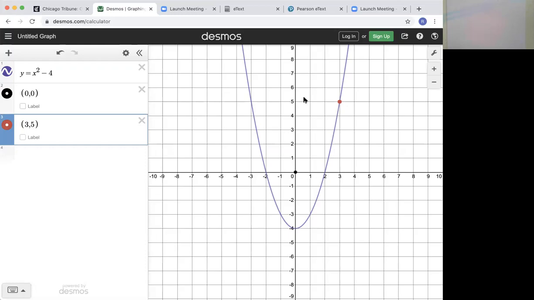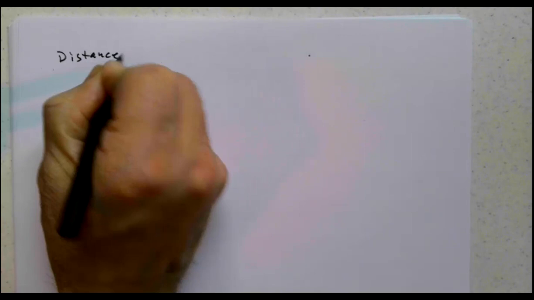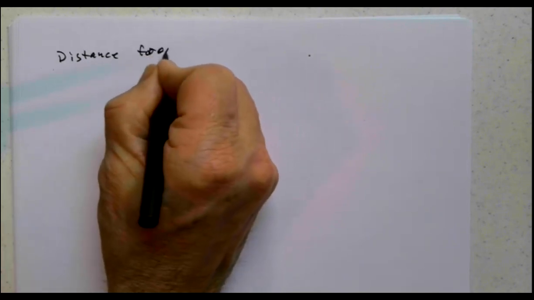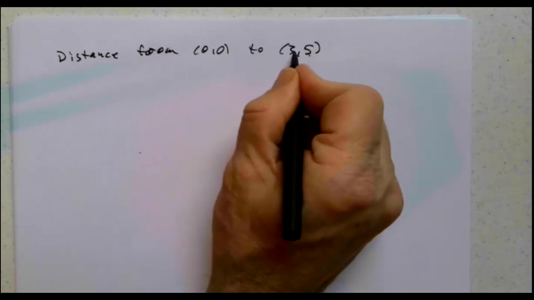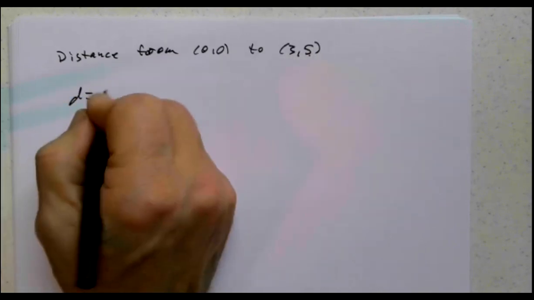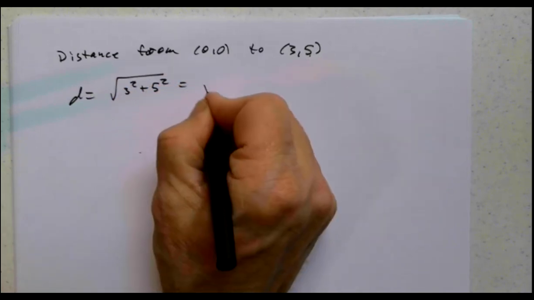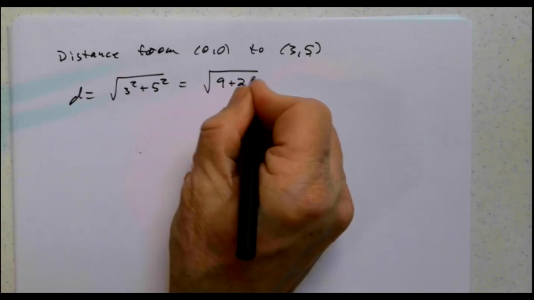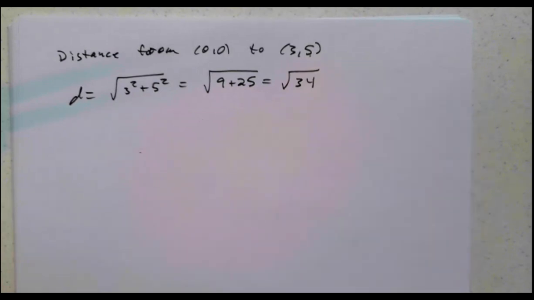So knowing that, we can construct the distance. So from 0, 0 to 3, 5, using our geometry, distance from 0, 0 to 3, 5: x2 minus x1, if you like, 3 minus 0 squared, plus 5 minus 0 squared, square root of 9 plus 25, which is the square root of 34. And let's get a decimal approximation of that.